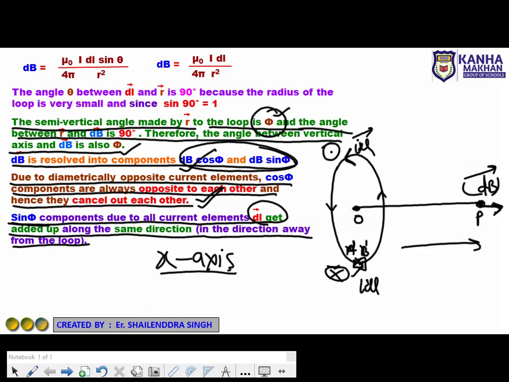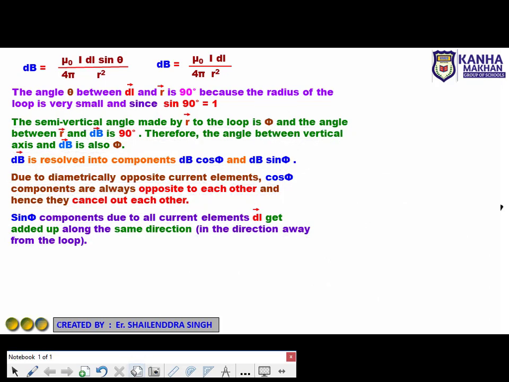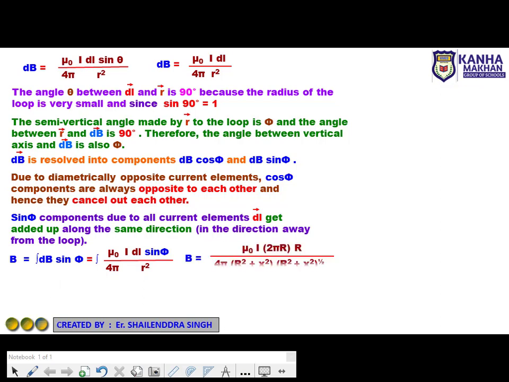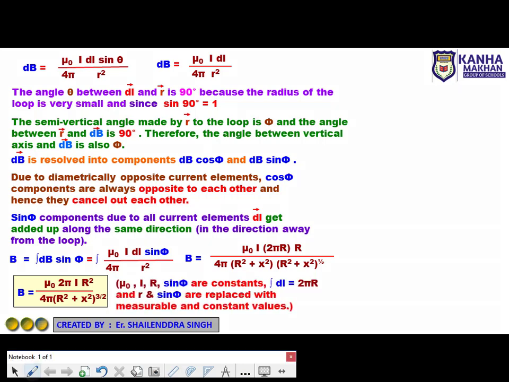Therefore, when we want to find the final value of the magnetic field, the net magnetic field is represented by B here. Finally we will get the result: B equals the integration of all the components of dB sin theta.